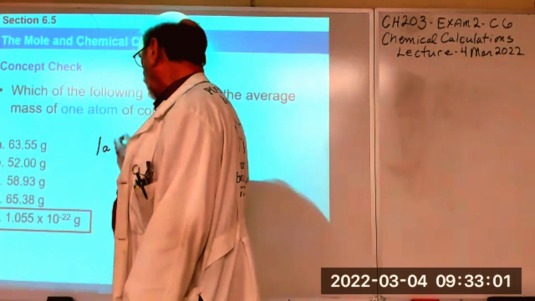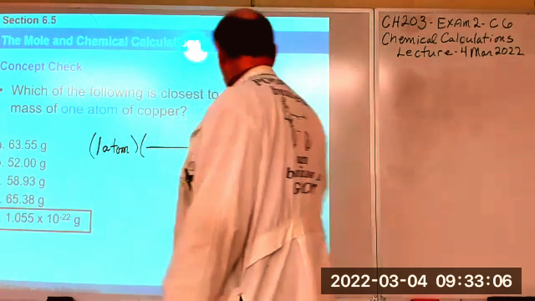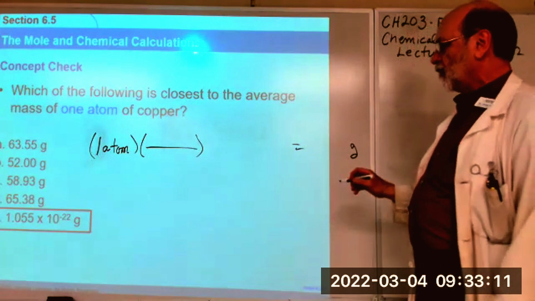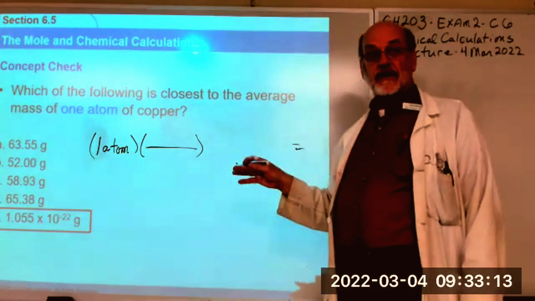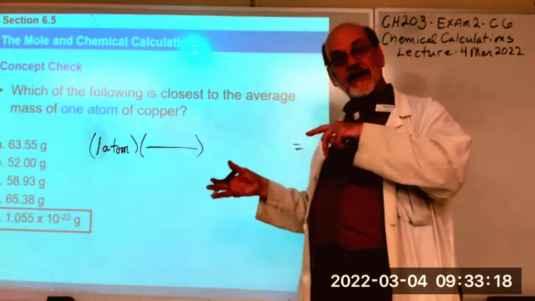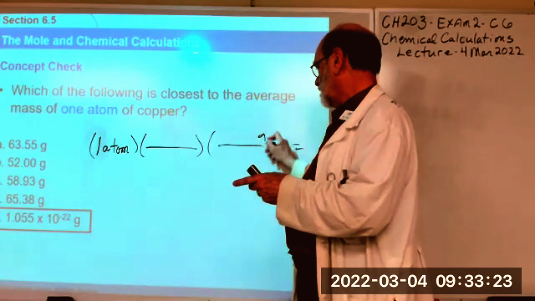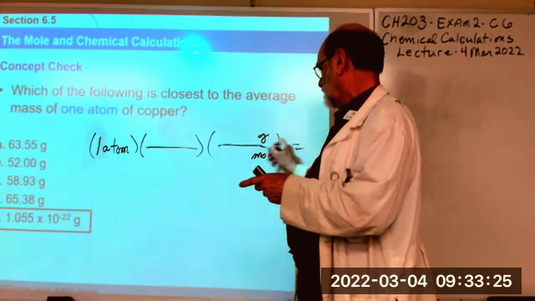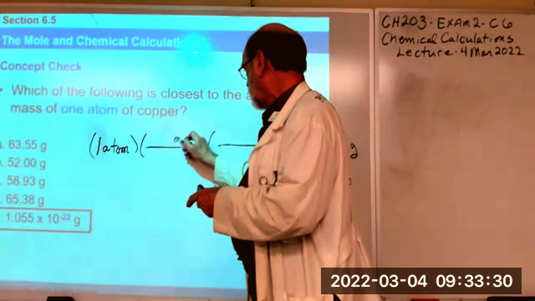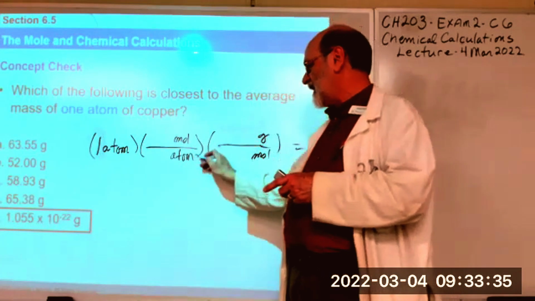All right, so you're starting off with one atom of copper, and you want to end up with mass in grams. Well, one conversion factor won't get there, because the conversion factor from numbers to mass, molar mass, requires that we have a mole here. So we need another factor like that.